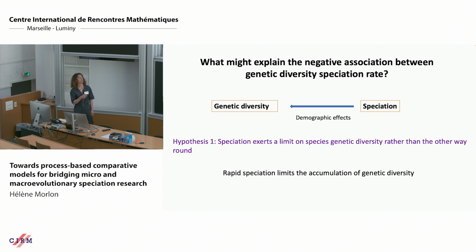Our hypothesis was that you need genetic diversity to have divergence happening, and that genetic diversity might exert a limiting effect on speciation rates, but it could actually be the opposite: if speciation happens frequently enough, then this could have an effect on the accumulation of genetic diversity. So it takes time for genetic diversity to accumulate in a population, and if we have speciation events splitting populations and lowering genetic diversity, we could generate this negative relationship.